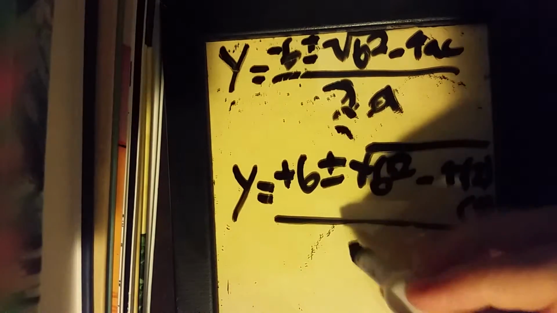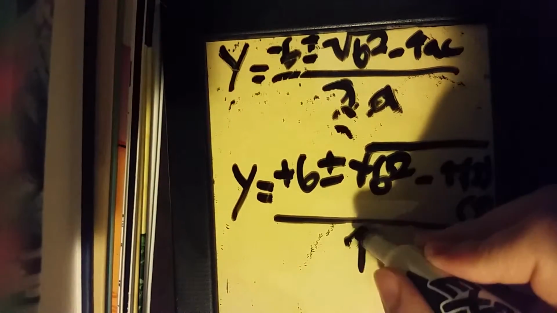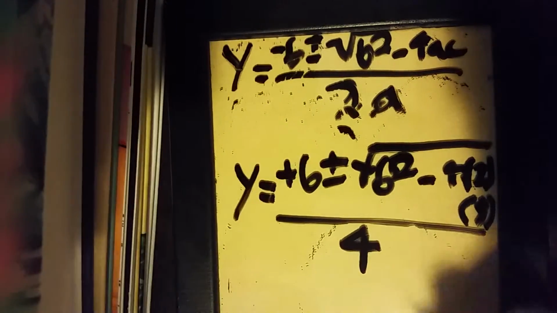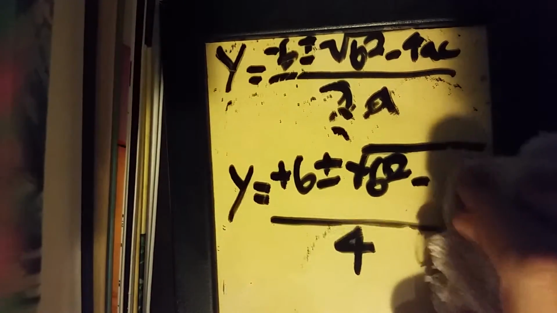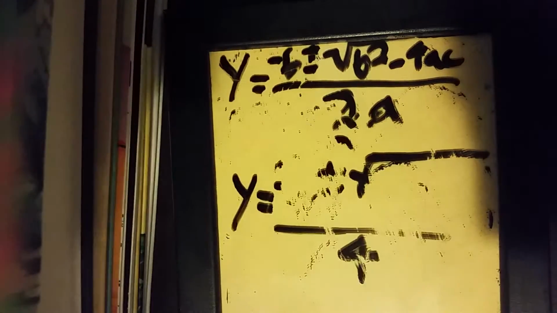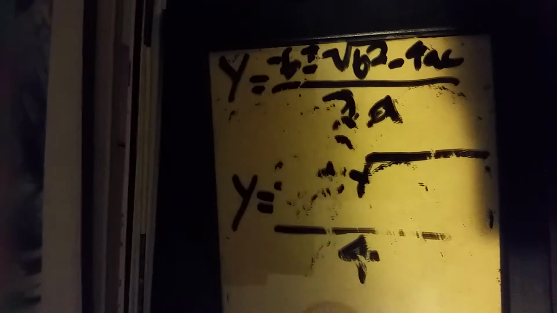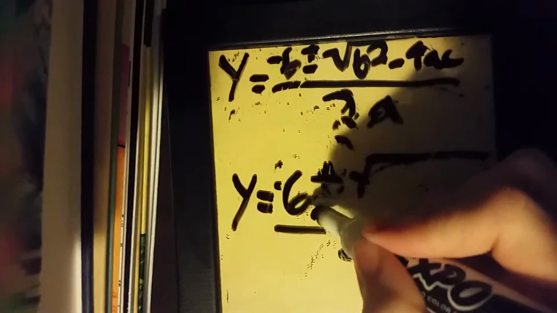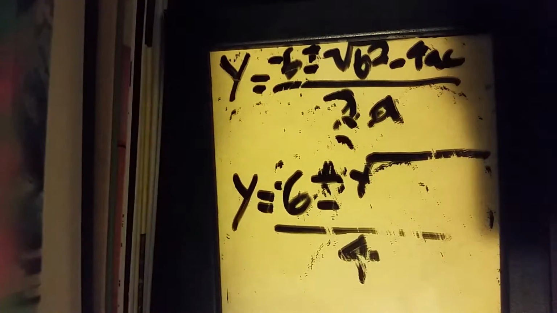So 2 times 2 would be 4. I'm pretty sure, at least. Let me erase this. Alright, so first we got 6, obviously. Plus, it's a little dirty, I'll fix it up later.